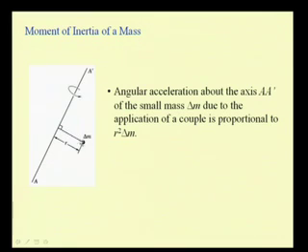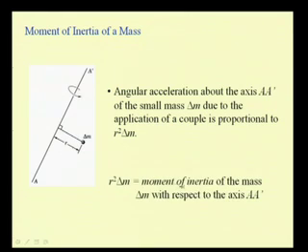That means, the distance of various particles of this delta m is assumed to be located at a distance of r from the axis. So, in that case, the angular acceleration is proportional to this term, that is r square delta m, when a torque is being applied. So, this term is the moment of inertia of the mass delta m with respect to the axis a prime.